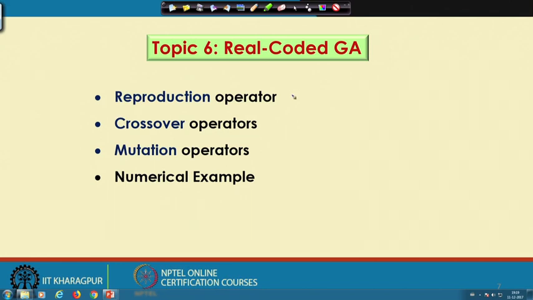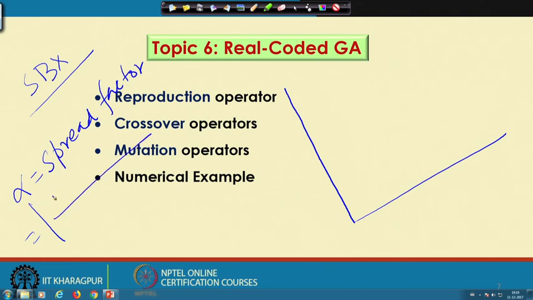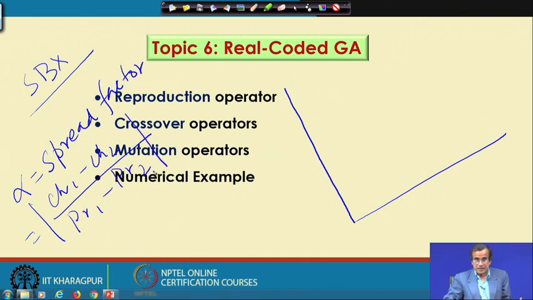Supposing that we have a probability distribution something like this. I am discussing in short the principle of SBX. We define a particular parameter alpha, called the spread factor. The spread factor is nothing but the mod value of the ratio of the difference between the children solutions to the difference between the parent solutions.